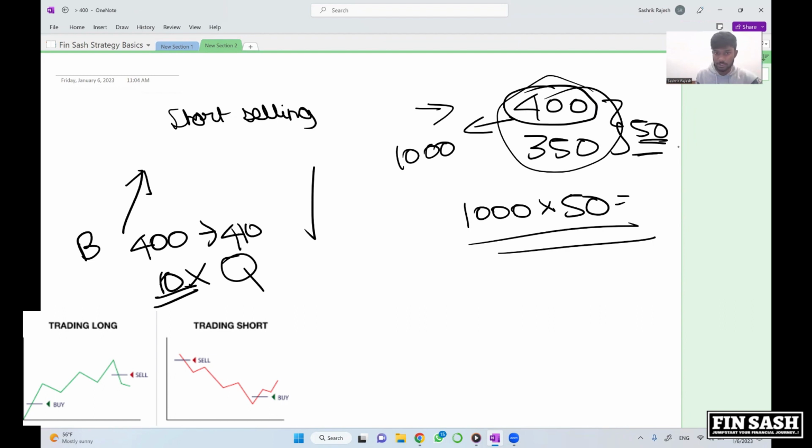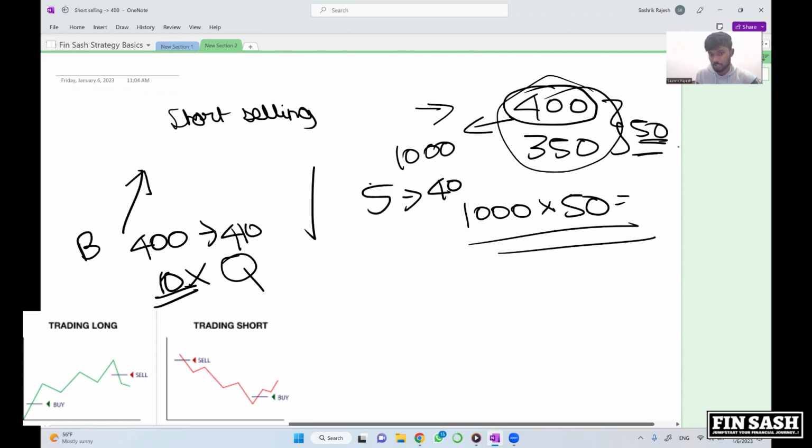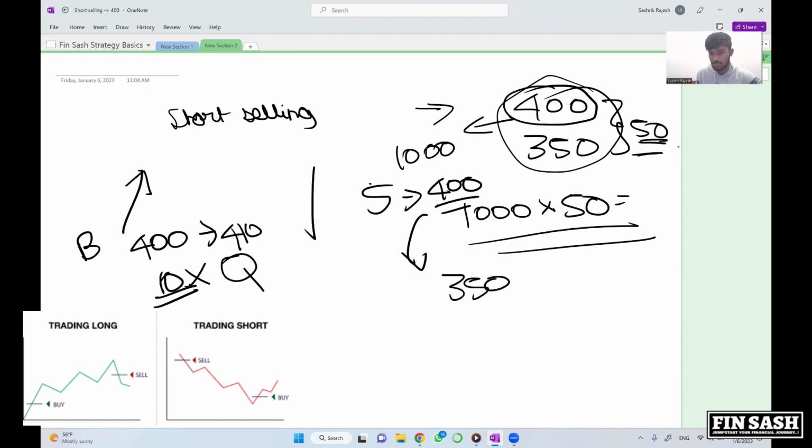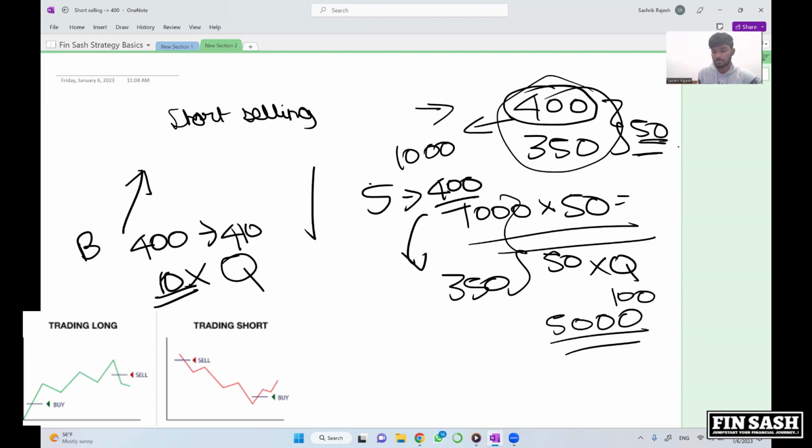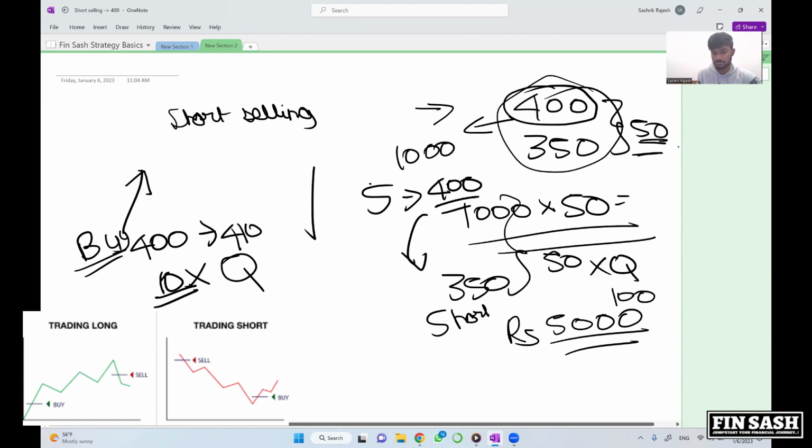So what we can do is we can say, hey, I'm planning to sell it at 400, and suppose the market comes down to 350. The difference of this is 50 multiplied by quantities. For example, 100 quantities, your profit would be 5,000, right? So this is an example for buying a stock, and this is an example for shorting a stock, right?